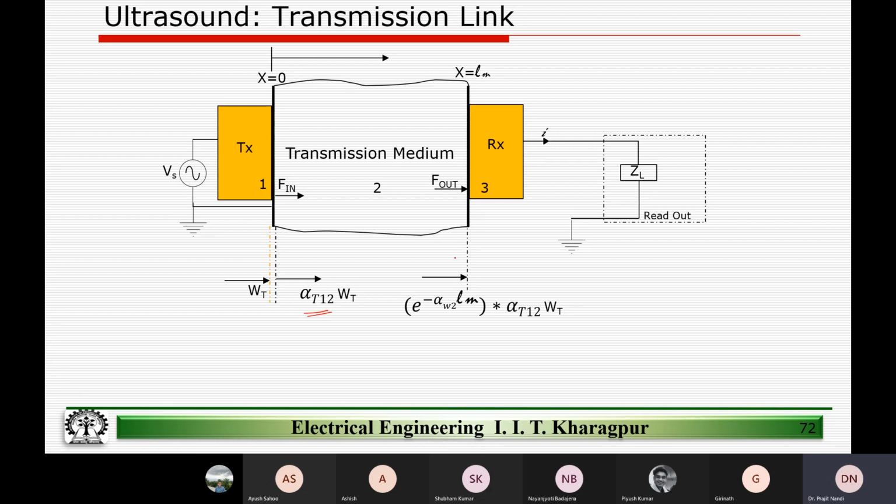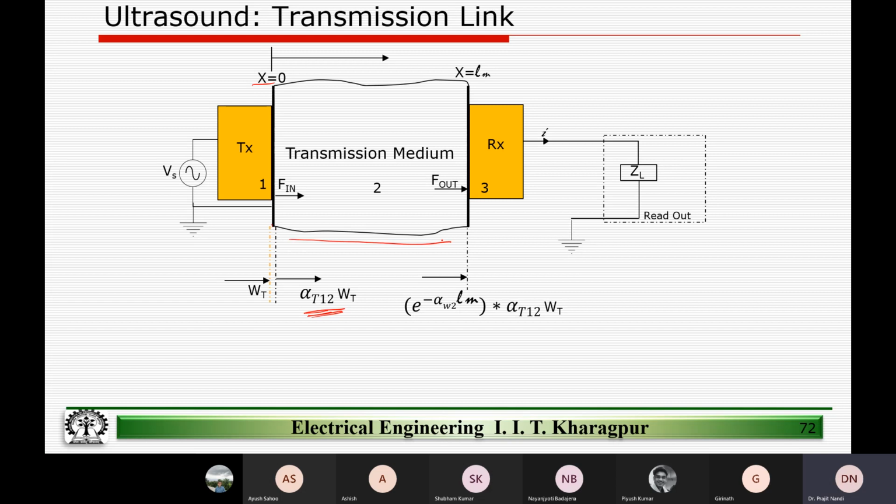And similarly, another thing that we had seen: when the sound wave is propagating from one point to another in space, the power or the intensity is going to decay with distance. That equation also we have seen, right? It was an exponential equation where the power incident here at x equal to 0 is alpha T12 Wt.